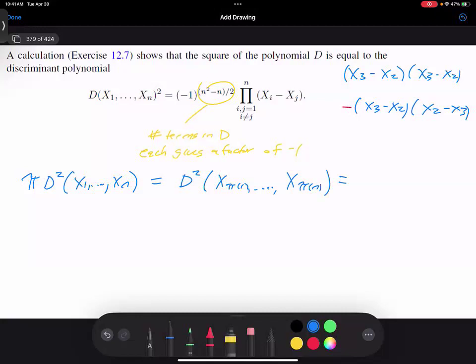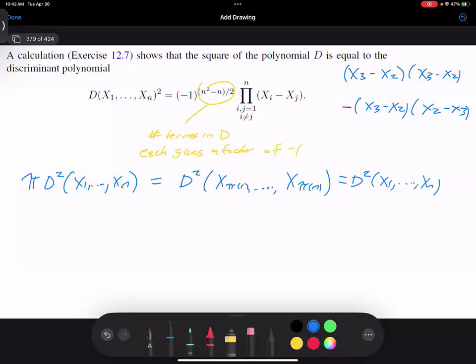Well, look at D squared. It's the product over all distinct pairs i and j. If I shuffle the order, have I changed the product? No, I've just changed the order in which I write things. This is still going to just be D squared of x1 through xn.